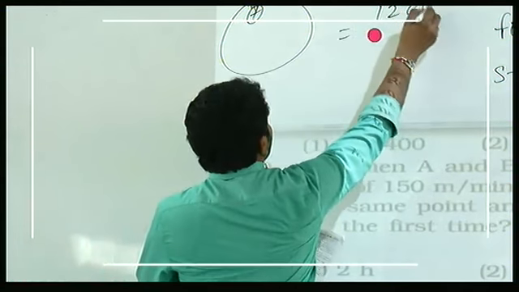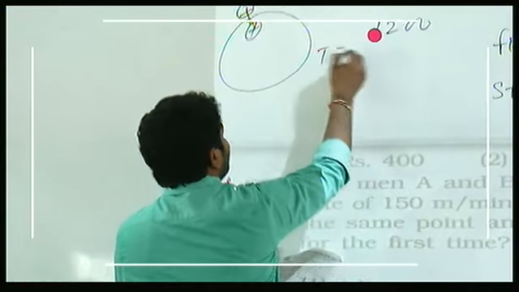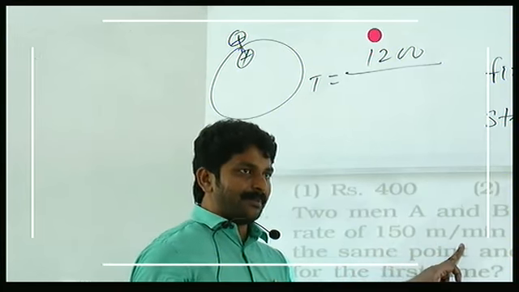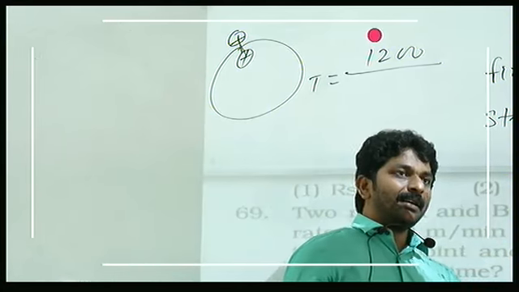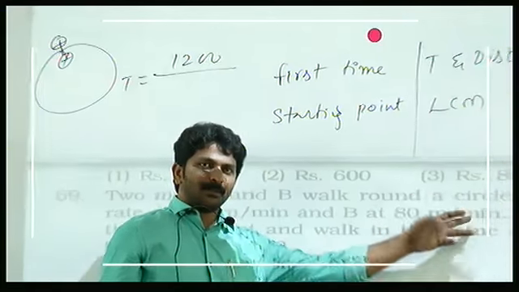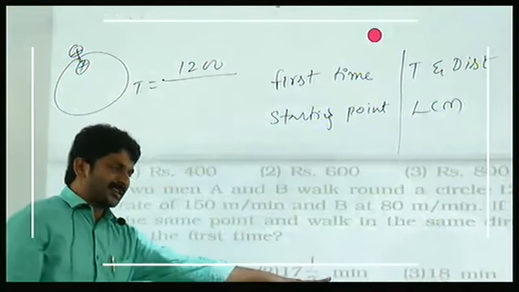Now, you are asked to calculate time. Time is equal to distance by speed. Both are moving in the same direction. The first speed is 150 meters per minute and the second one 80 meters per minute. Both are given in minutes, so you'll get the answer in minutes.